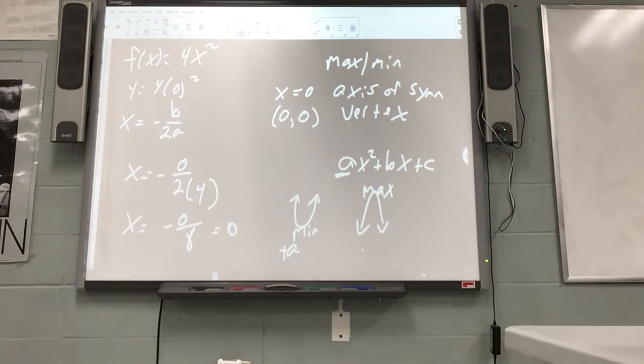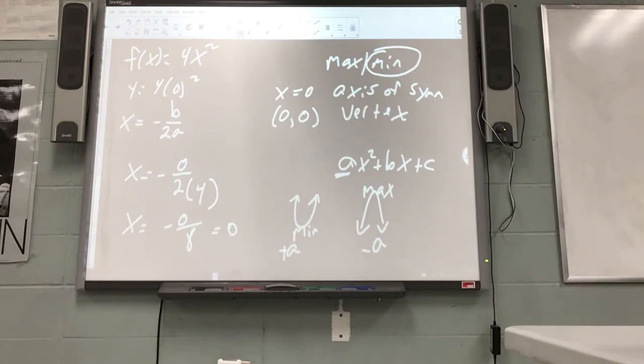If your a is negative, it's a maximum. What's our a? Our a is positive 4, right? So it's a positive a, so we're going to have a minimum. And we're working our way up to graphing. We're not ready yet. Okay? Everybody all right on that?